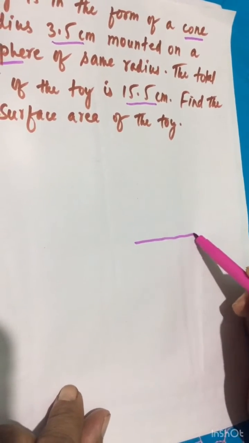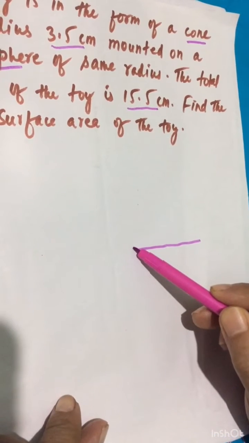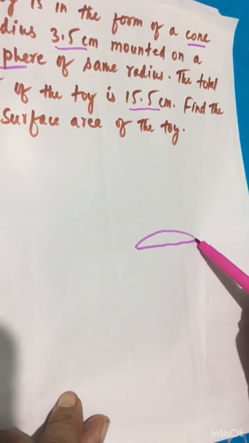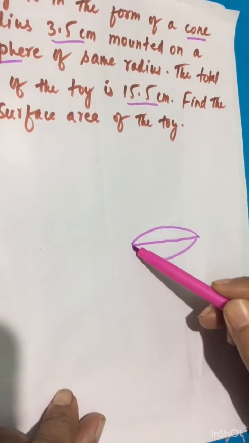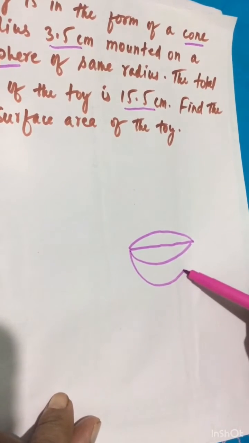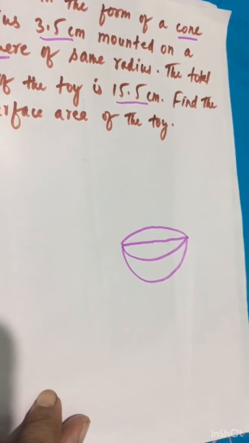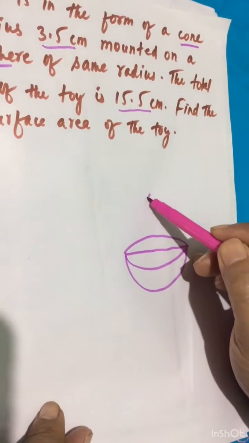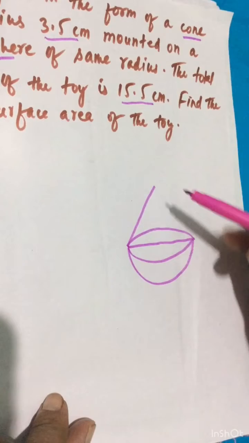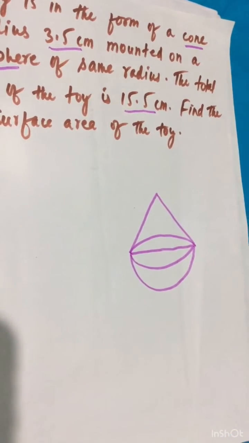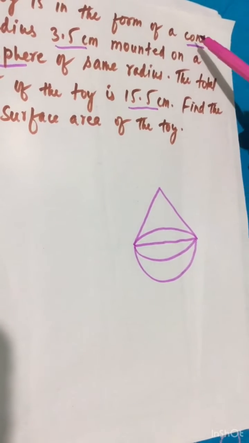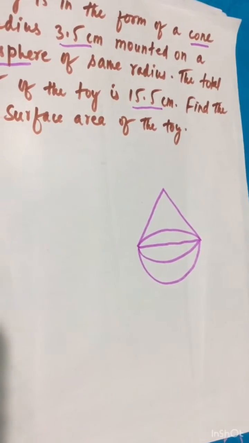Let me draw one hemisphere. Something like this. This is the hemisphere, and the top portion is the cone. So this is the toy, a cone mounted on a hemisphere.